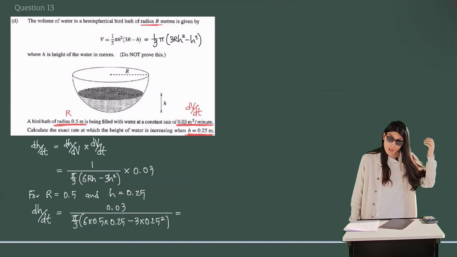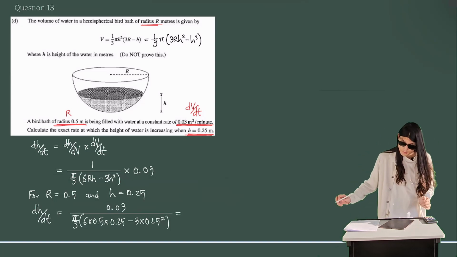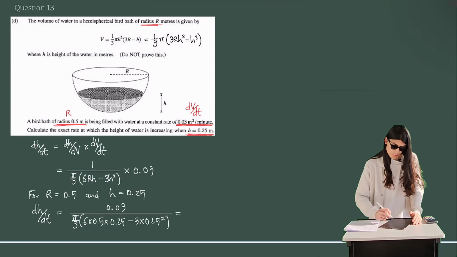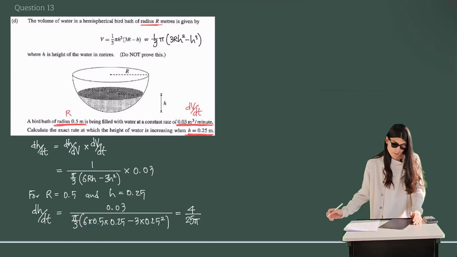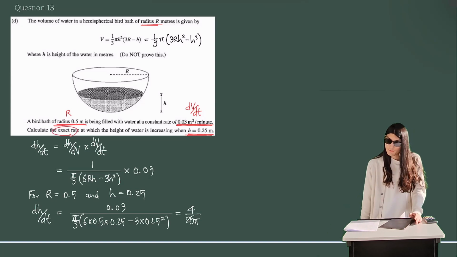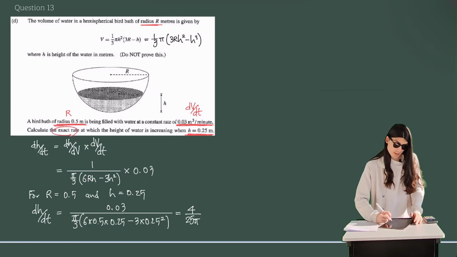And in terms of pi, you end up with 4 over 25 pi. That's in exact values, of course, isn't it? And they wanted you guys to find the rate in exact values. So yes, in terms of pi, 4 over 25 pi, the units here for rate of change of height should be meters per minute.